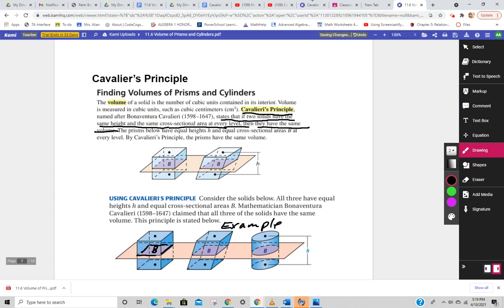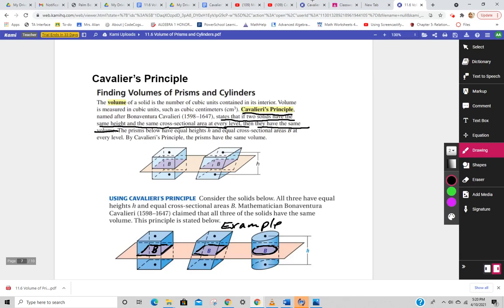If you cut this piece out and you cut this piece out, and these are being cut from the same height of each one of these solids, and we find that they all have the same area. And if we did that at every level of these 3 solids, and these solids have the same height, then that means these solids have the same volume.